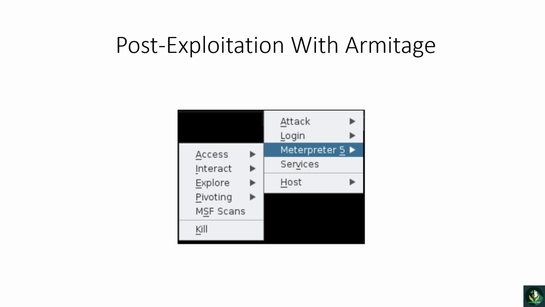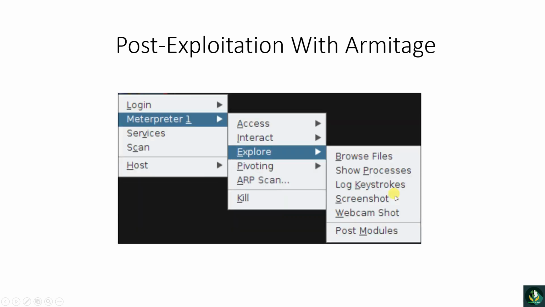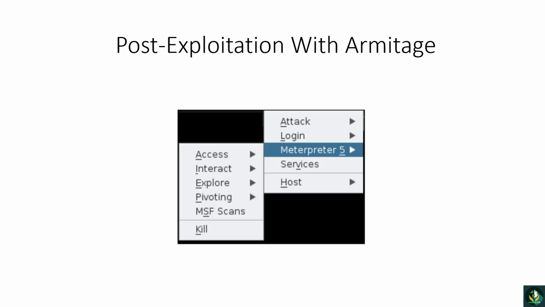Choosing Meterpreter will present all the post exploitation modules in sections. Suppose we want to elevate privilege or gain system level access. We will navigate to the access submenu, and click on the appropriate button depending upon our requirements.